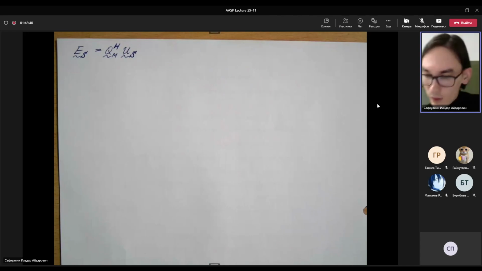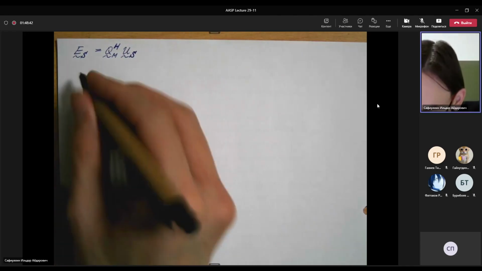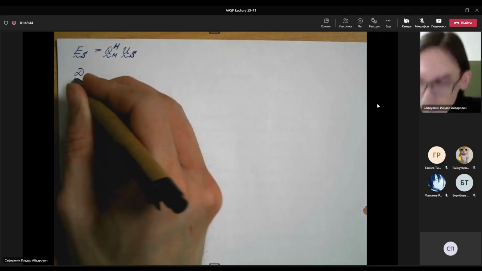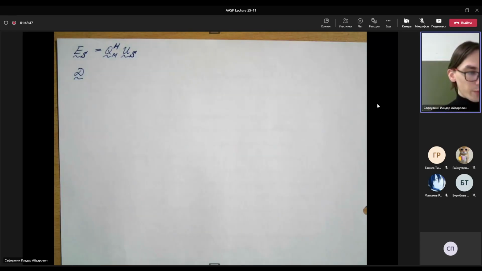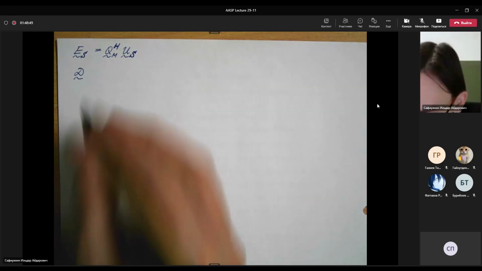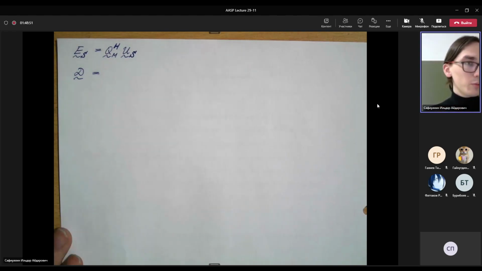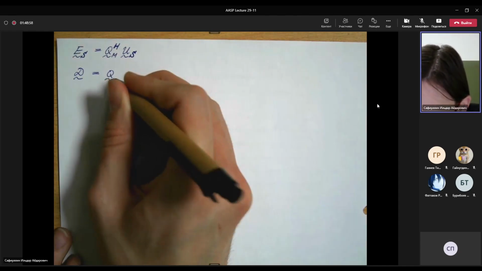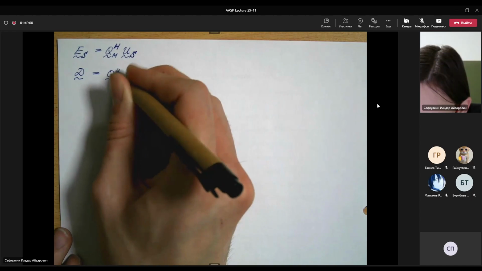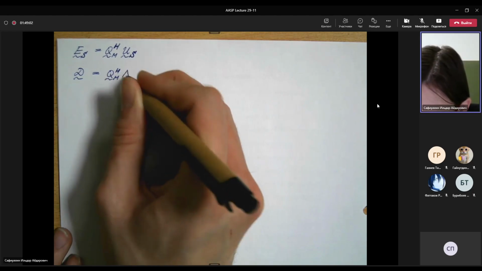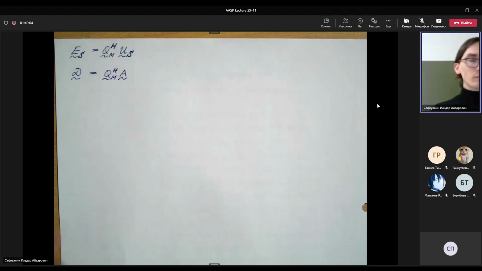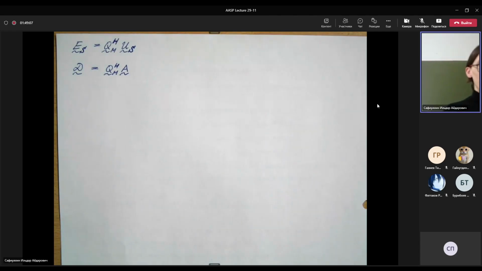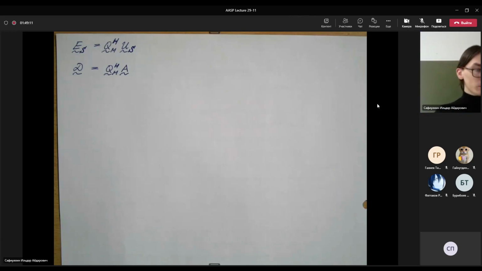Then, as before, we can write down the transformed array steering matrix D. It is the multiplication of the same sparse unitary matrix of size M with Hermitian, and here we multiply it with the original array steering matrix.